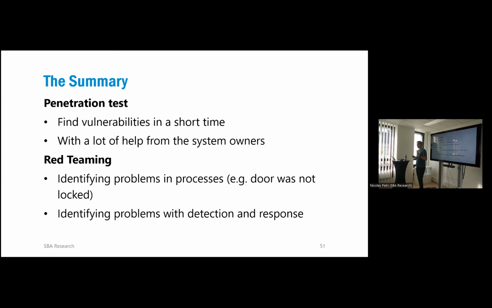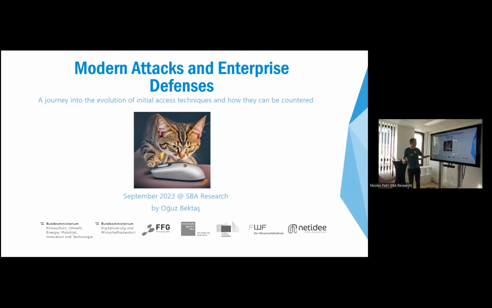So my colleague, our most dangerous colleague, Oz, I will give to him because he will in September talk about something else. Yeah, just a quick teaser, I guess. In September, I'm going to be talking about modern attacks and enterprise defenses.